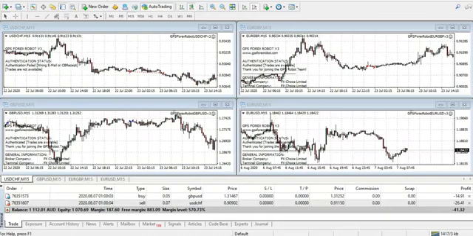But getting onto the charts, the recommended broker that they use is FX Choice. They do say that you can use any broker you like, but the system has been optimized based on the data from FX Choice. The system trades 4 currency pairs: the dollar Swiss, the pound dollar, the euro pound, and also the euro dollar.